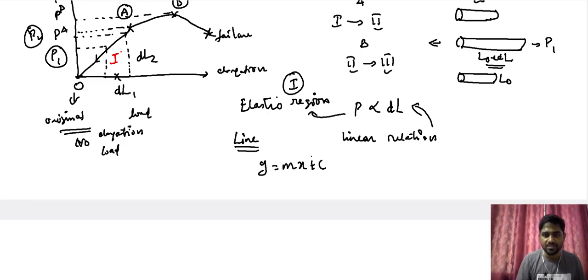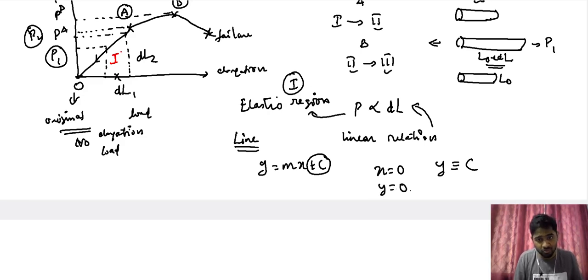Now if you consider the term c, the way to identify or estimate c would be assuming x = 0. And when you assume x = 0, the value of y will be equivalent to the value of c. Now in the plot here, when you assume x = 0, what you observe is that y is also equal to 0.